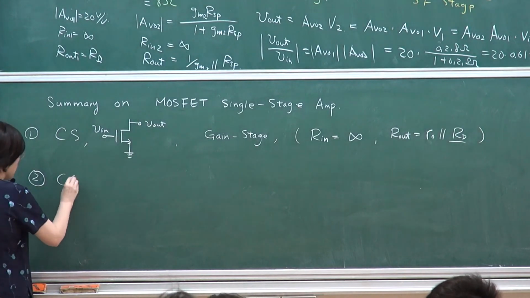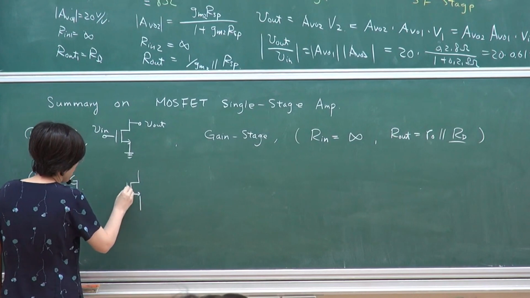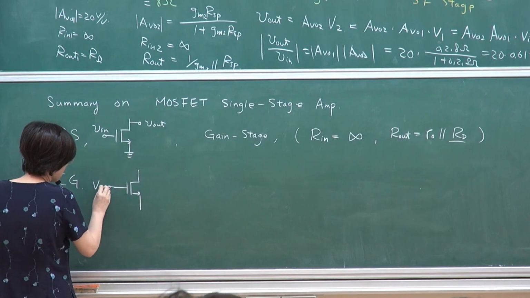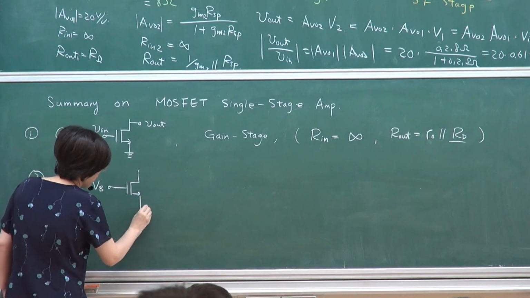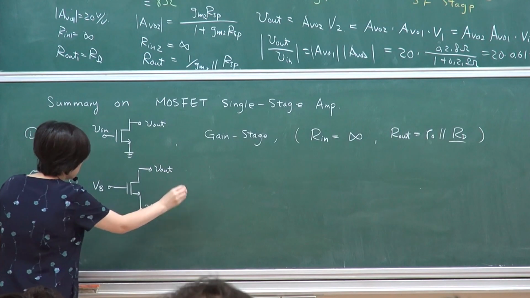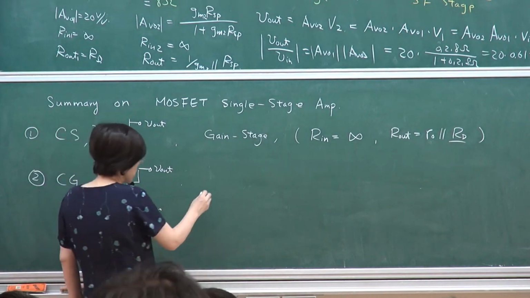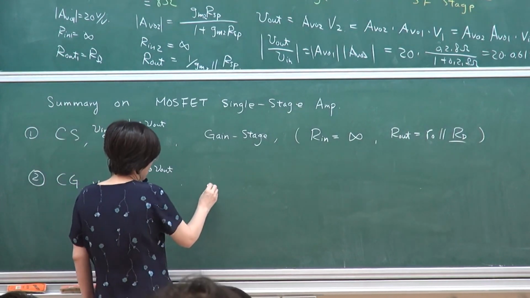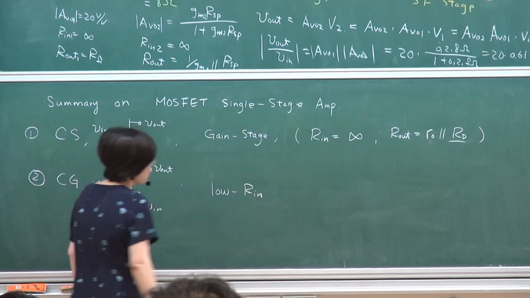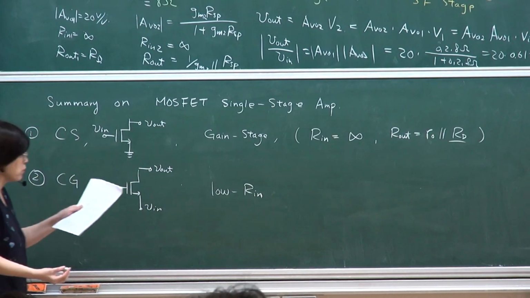So for common gate, you're simply having a structure like this. We have already reviewed it. So this will be your fixed bias. And then my input here, output at the drain. So the best feature of a common gate stage is that it has low Rin, or you typically want to design it to meet a certain resistance level.